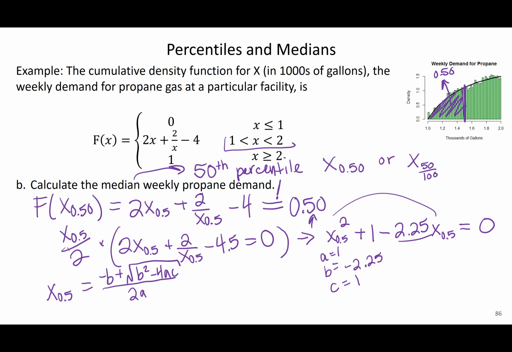It is still important to know how to do this. So I'll have 2.25 plus or minus the square root of 2.25 squared. I'm taking into account the minus signs cancel out there. Minus 4 times 1 times 1, all over 2 times 1.